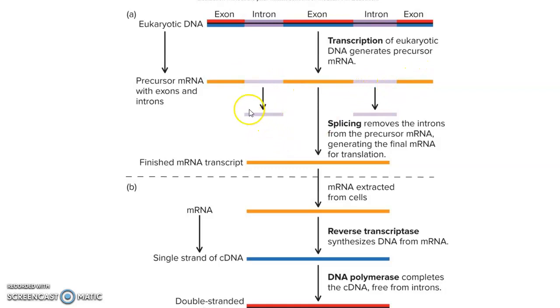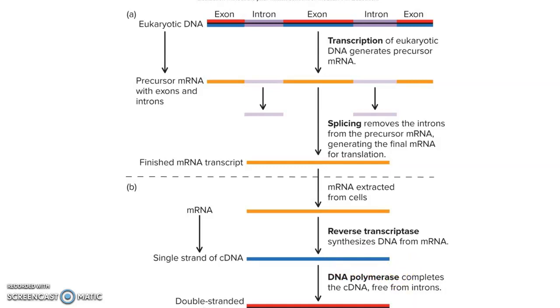Then the splicing removes the intron sections, and here's your finished mRNA transcript. Well, then you can apply the reverse transcriptase to the mRNA transcript and end up with a strand of DNA that does not include those introns.